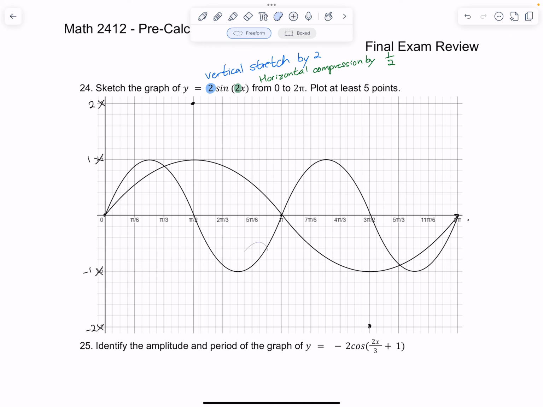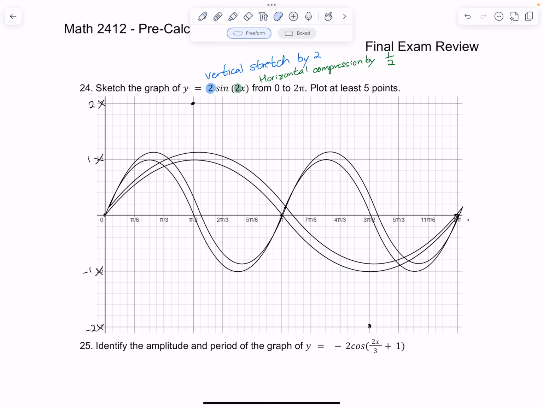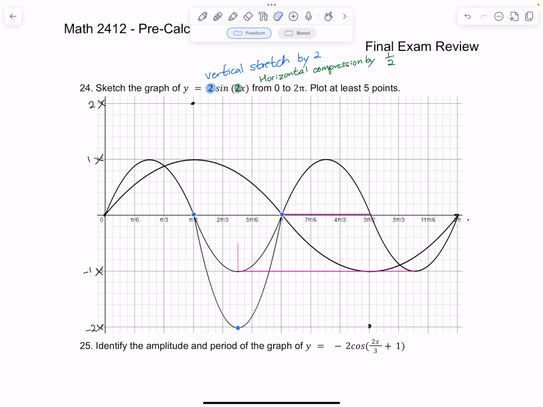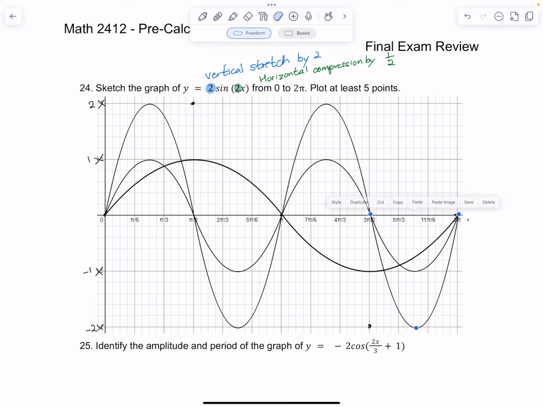And then finally, I need to do the exact same thing, except I'm going to stretch it vertically by 2. So I'm going to take this guy, stretch it to negative 2. This guy, stretch it to positive 2. This guy gets stretched to positive 2. And this guy gets stretched to negative 2.